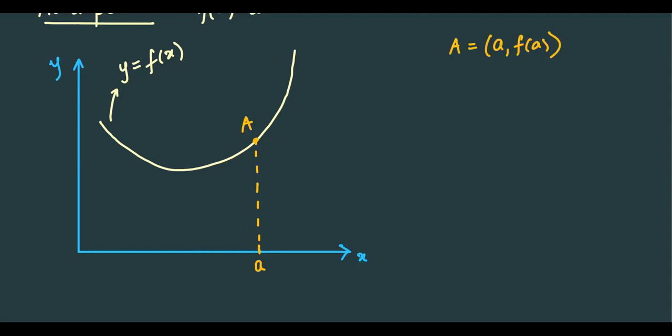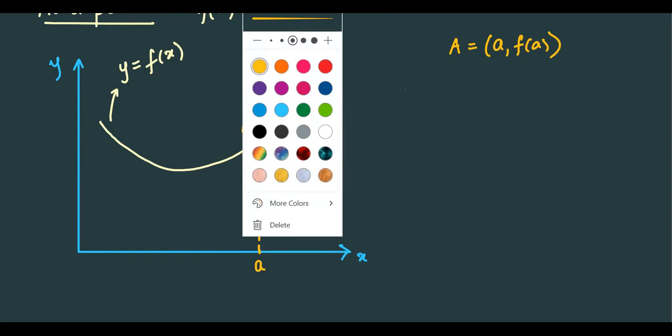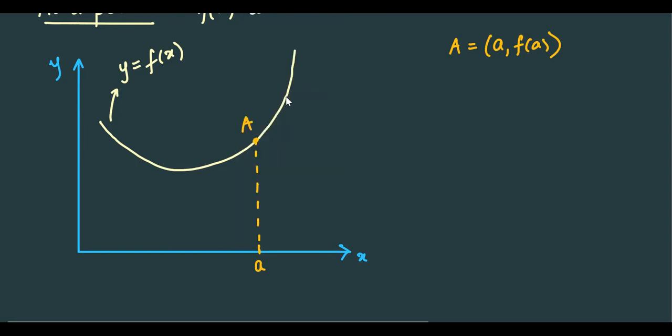What I do next, I take a point to the right of a at a distance of small h from a, and I will take another point to the left of a at a distance of small h from a. So these two distances are equal.